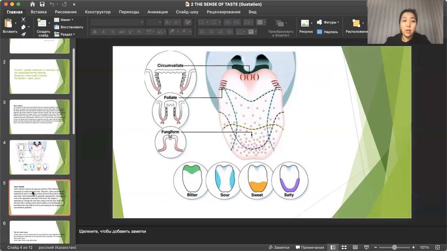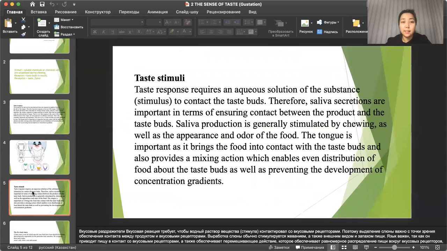In this slide, on taste stimuli, taste response requires an aqueous solution of the substances to contact the taste buds. Therefore, saliva secretions are important in ensuring contact between the product and the taste buds. Saliva production is generally stimulated by chewing as well as the appearance and odor of the food.